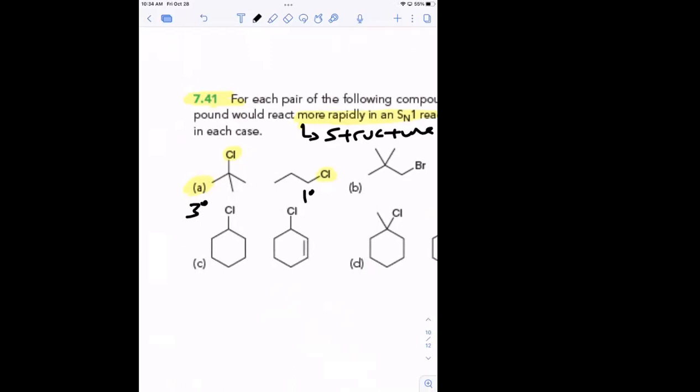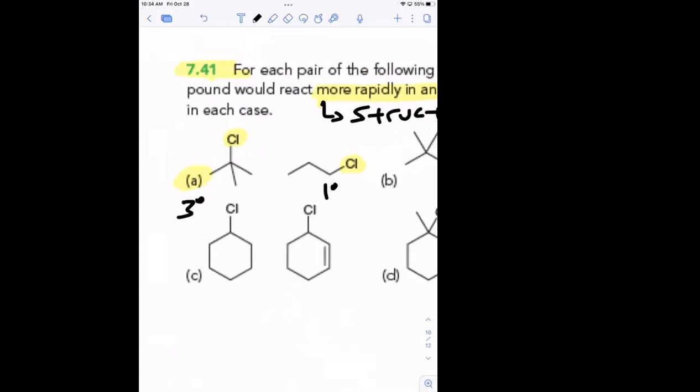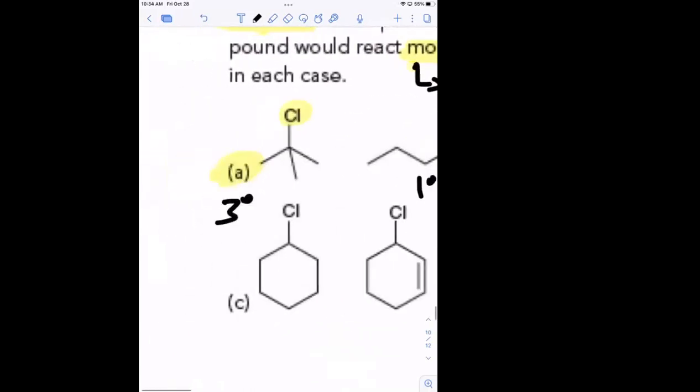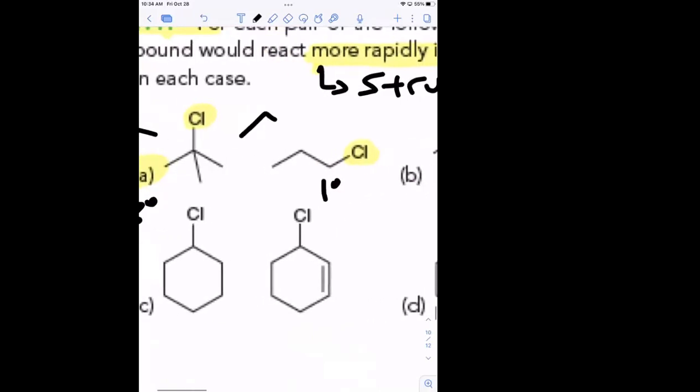What do you think? Again, we're comparing the structure. Go ahead, Mike. Tertiary, right? What you're looking at with the structure is what the carbocation would look like. For this one, the carbocation will look like this. Over here, it's going to be on a primary carbon. That's terrible. Remember this chart for stability.